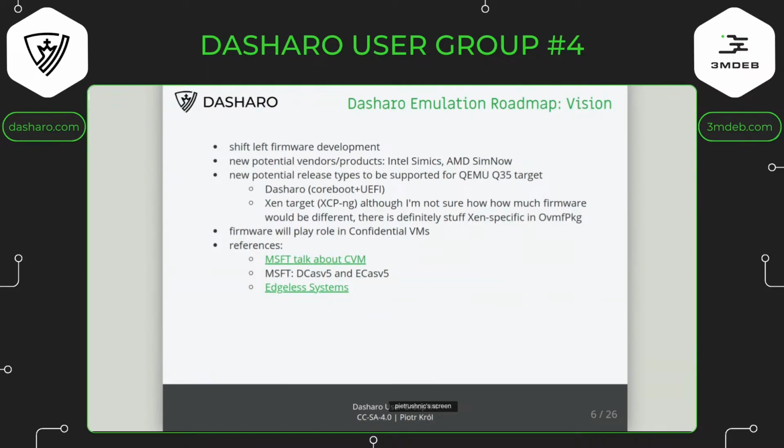I also have some plans on the emulation roadmap to enable something like Intel CMix or AMD SimNow. Despite Intel CMix being more available, I already played a lot with Intel CMix also back in my Intel days. I like this tool a lot. The key problem is those models, and of course some models are open, not every.